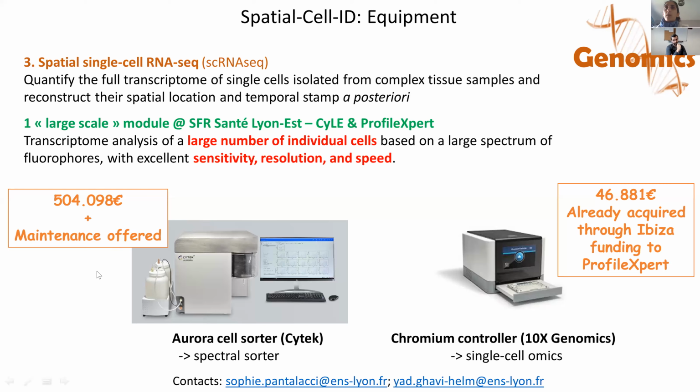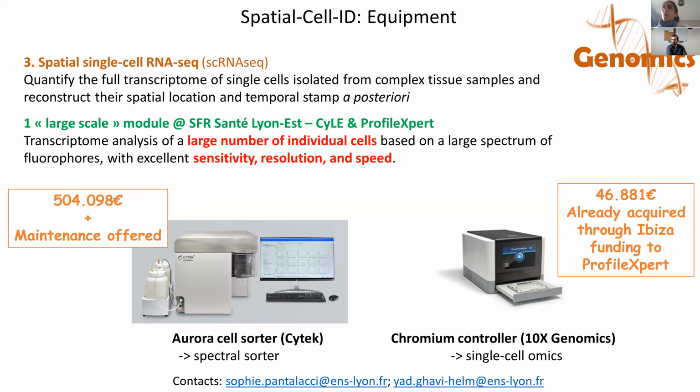And this is mostly because we are going to buy this FACS sorter. This machine is for sure that we'll buy this one. It's the Aurora cell sorter. So this will be the first machine available in the world, as far as I know. It's a spectral sorter, meaning that you don't have lasers, you actually sort with white light.